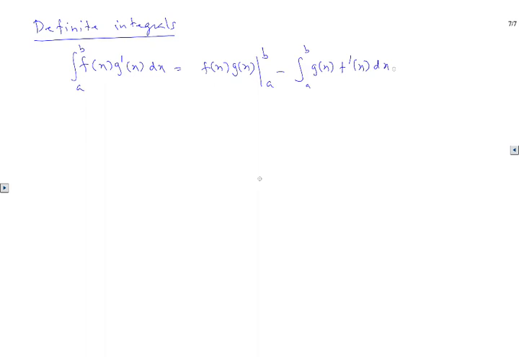You can see that, just substitute the values, that's it. So the other way, it is u dv: the integral from a to b equals uv with the limits, minus the integral of v du with the limits. So after you integrate, you put in the limits.